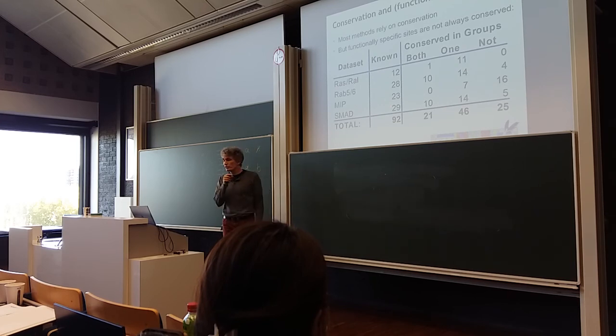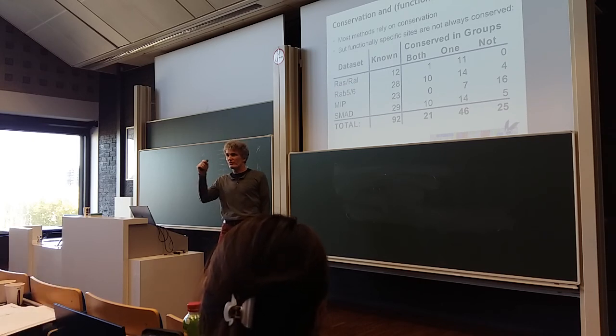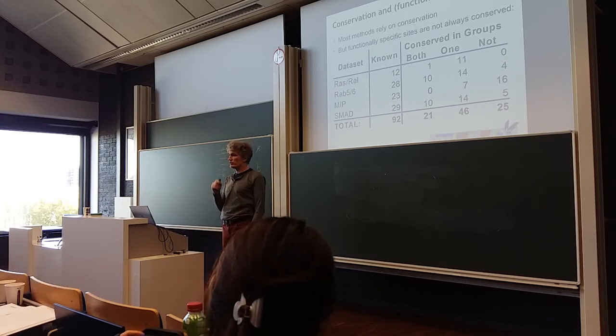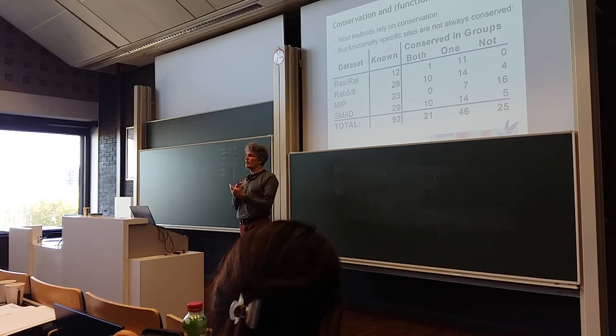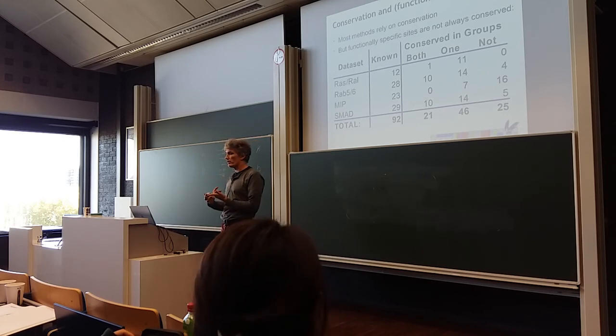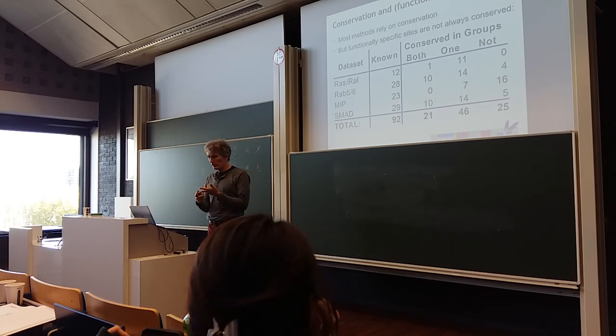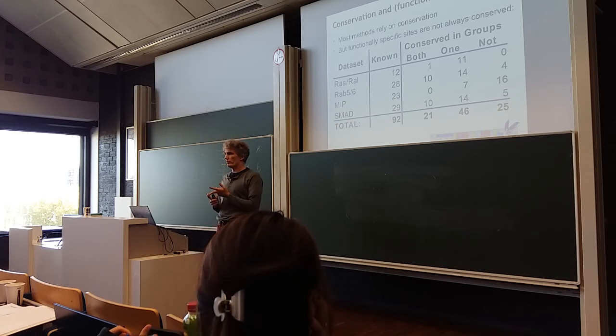These are not just positions that are known to be important for the function. These are positions that are known to be important for the differences in function between the subfamilies. Right? And then there are three possible cases: either they're conserved in all the subgroups, or they're conserved in only one, or they're not conserved in either subgroup.